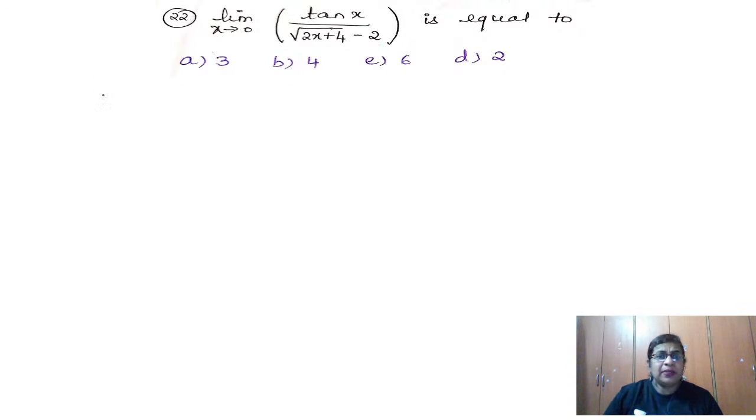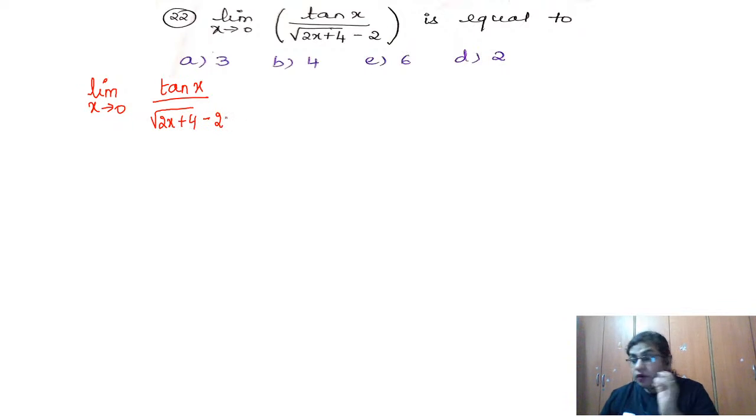So here limit x tends to 0 of tan x by square root of 2x plus 4 minus 2. The first step in limits is the direct substitution method. Whenever you get a limit question, my first step is direct substitution.